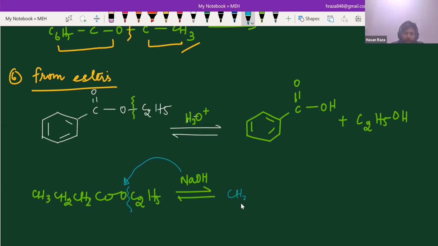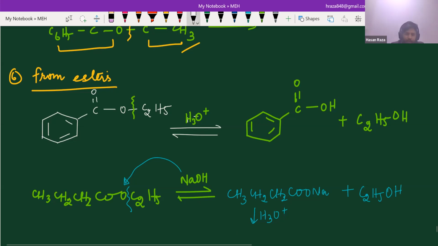It will be converted into a salt, CH3CH2CH2C double bond O, ONa, along with the formation of alcohol, C2H5OH. The right part will be converted into alcohol. And when you do the hydrolysis in the presence of acid, that means H plus, H plus will replace this Na, and it will be CH3CH2CH2C double bond OH. Please do write it.